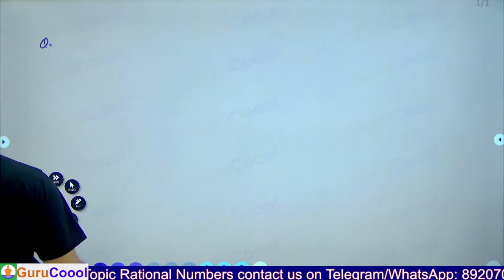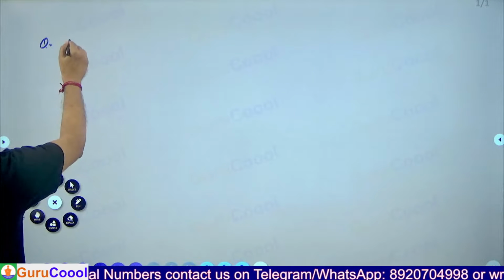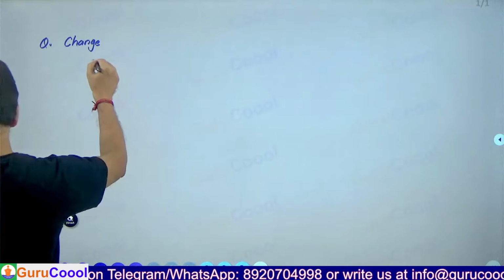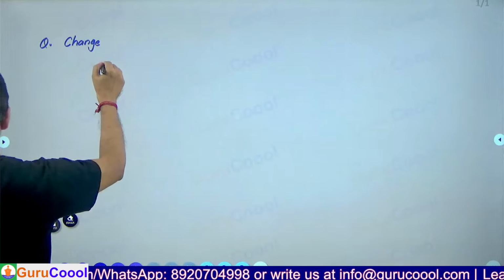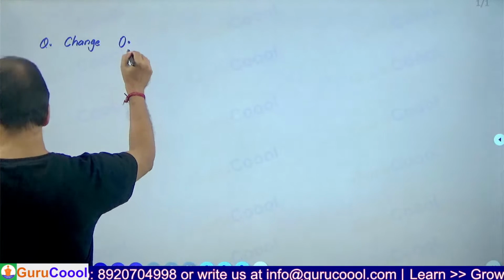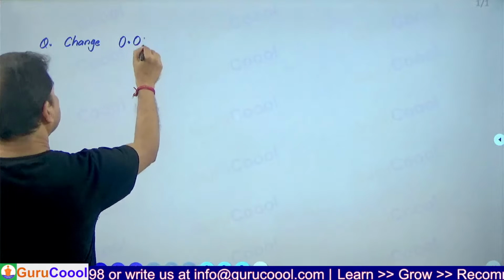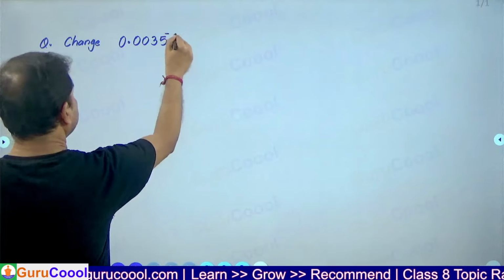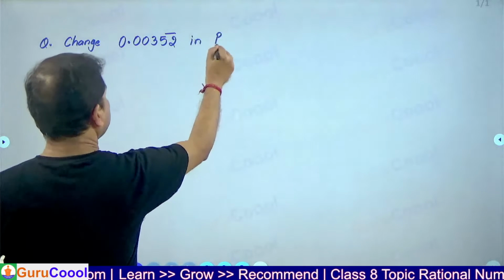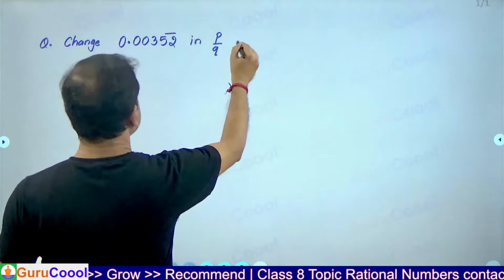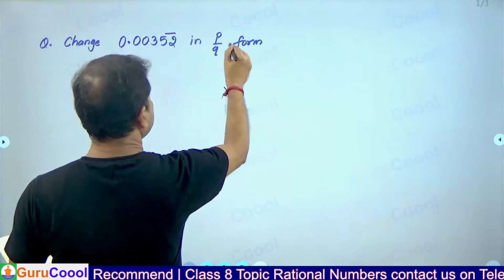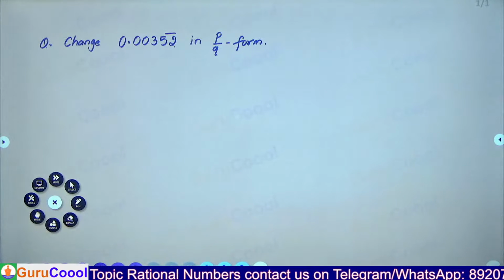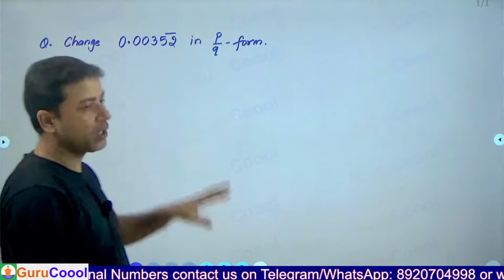So try this question in the starting. You have to change it into P by Q form in two different ways, long cut and shortcut both.